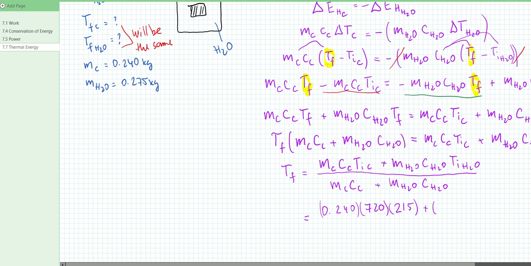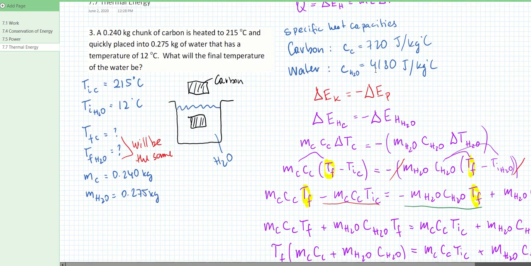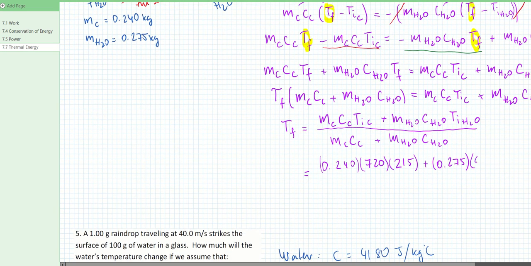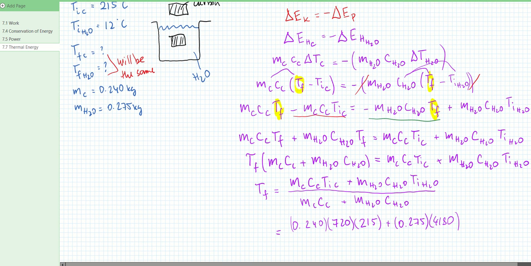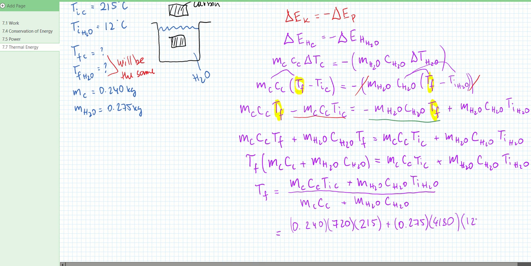Plus the mass of the water, which is 0.275 times specific heat of water, which is, again, it's written up here, 4180. And what else? The initial temperature was 12 degrees, I believe, 12.